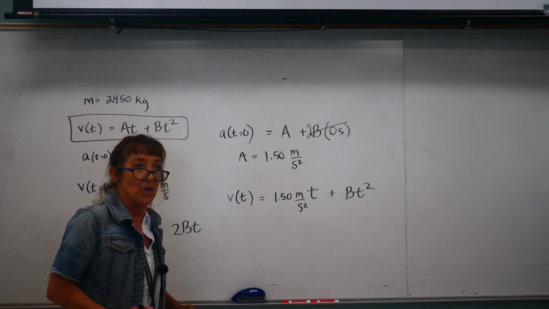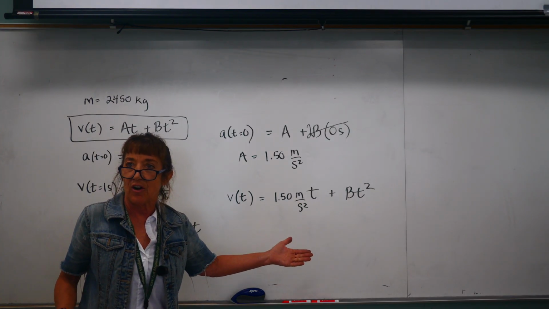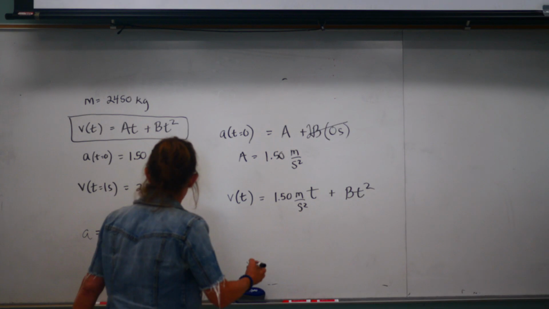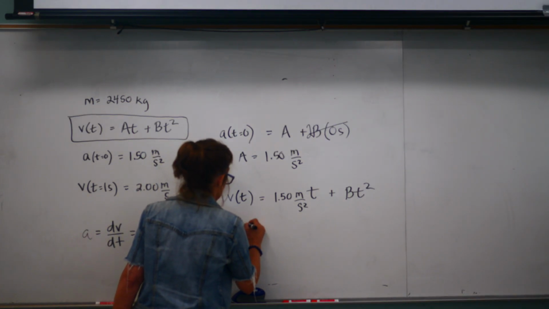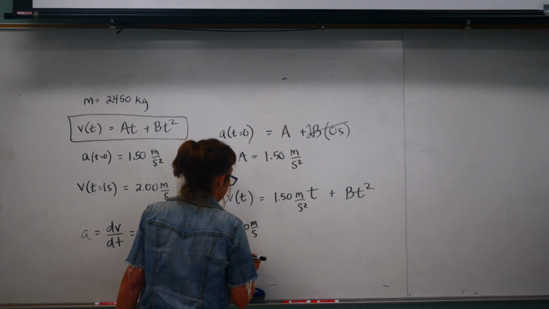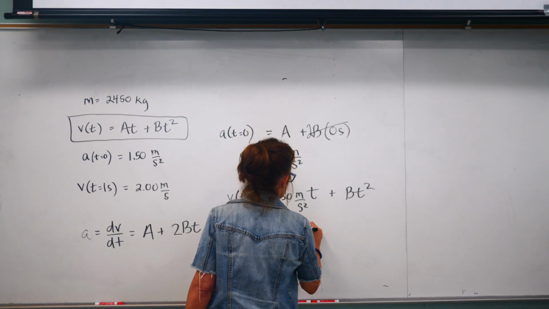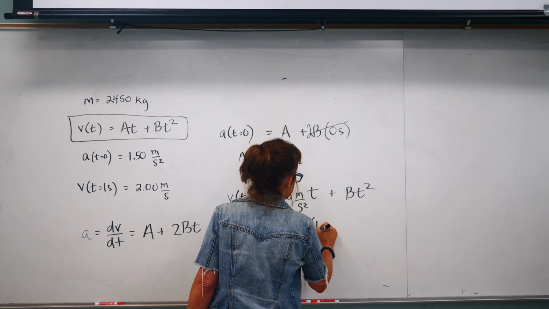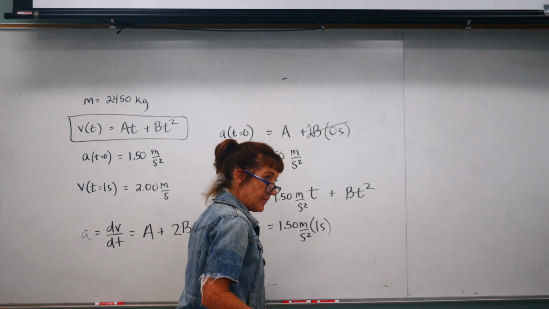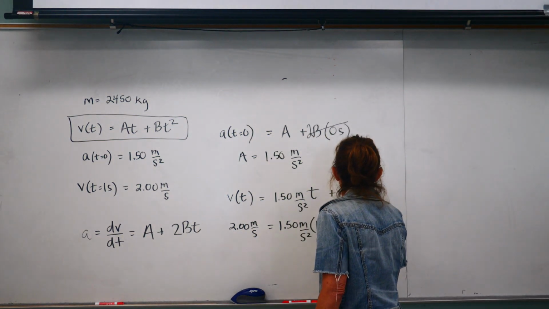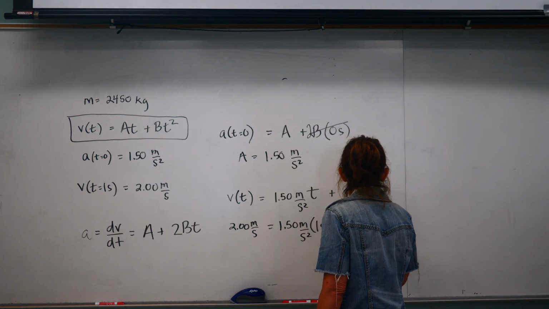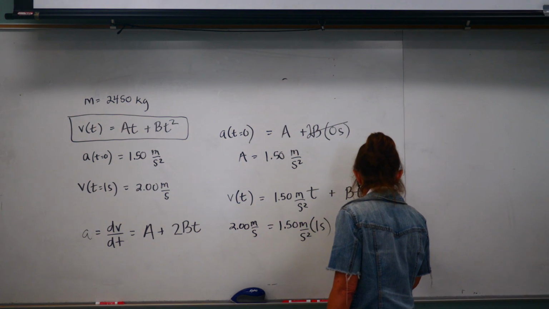So I'll just write an expression there and see what we come up with. I have 2.00 meters per second equals 1.50 meters per second squared times 1 second plus B times 1 second quantity squared.